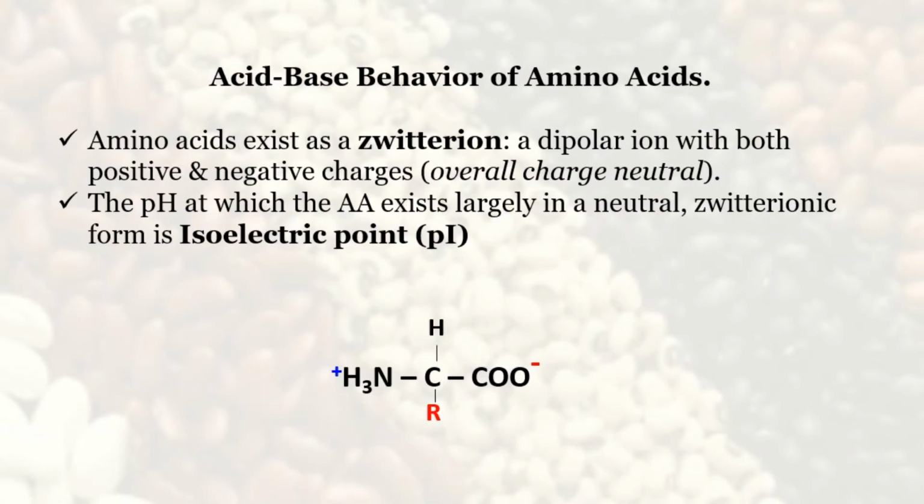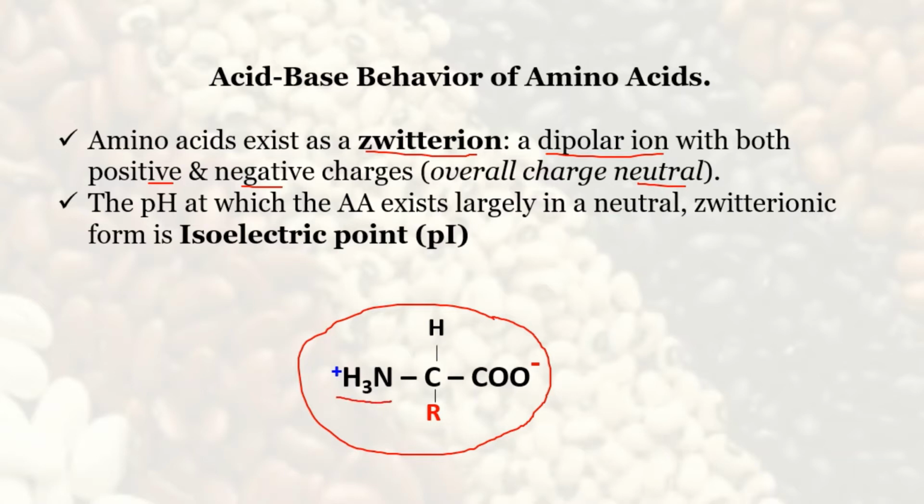Amino acids exist as a zwitterion, and a zwitterion is a dipolar ion which has both positive and negative charges, and this means that the overall charge is neutral. For example, here we have our structure of an alpha amino acid.